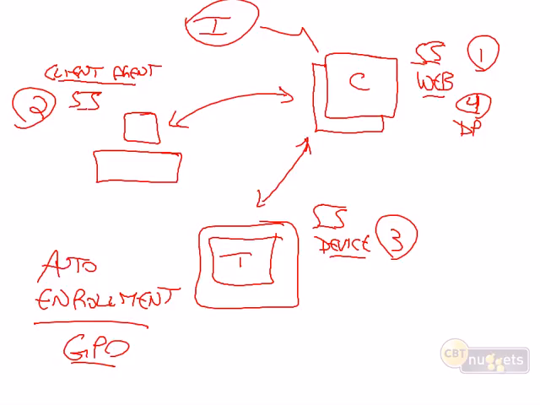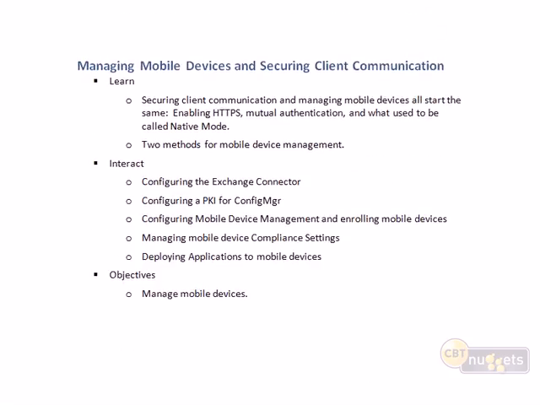Now, in 2007, this was internet-based client management. Okay, and here essentially those machines can exist out on an internet-based network, and if you have the right ports opened up to connect into your Config Manager servers, well, you can still keep those machines under management. So that's the kind of unspoken benefit of going through all this effort, but that's really what we're here to talk about in this nugget.